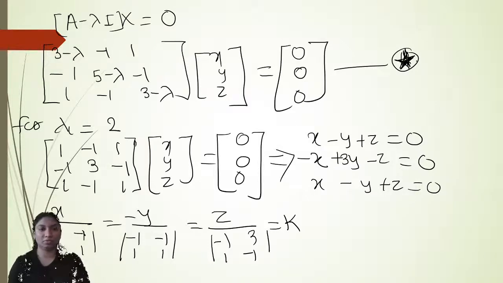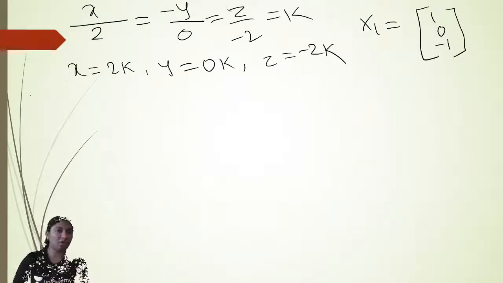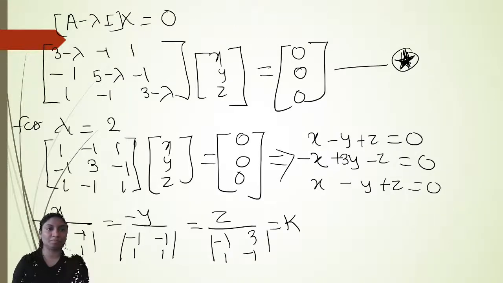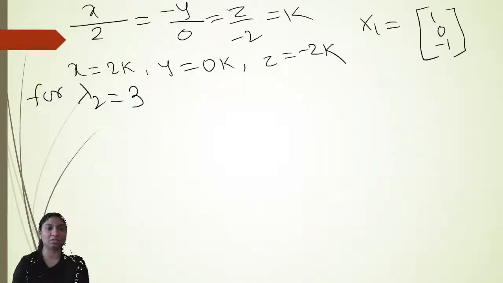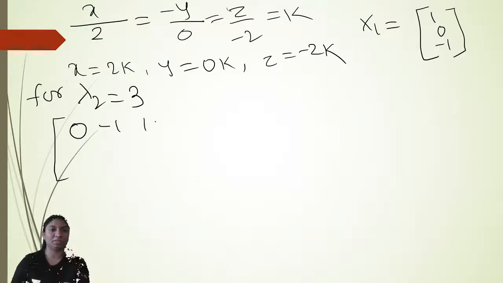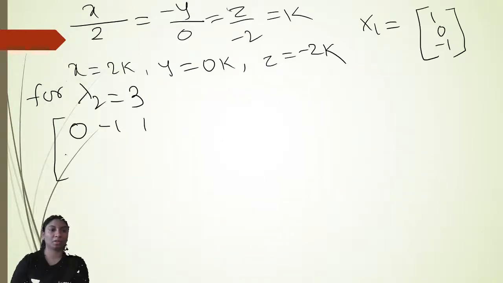So for lambda 2 is equal to 3, we will get 3 minus 3, 0, 0, minus 1, 1, minus 1, 2 minus 1, 1, minus 1, 1.